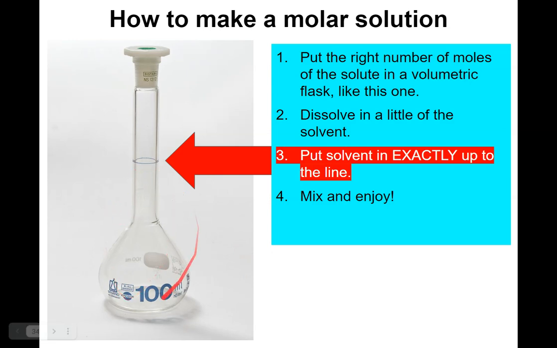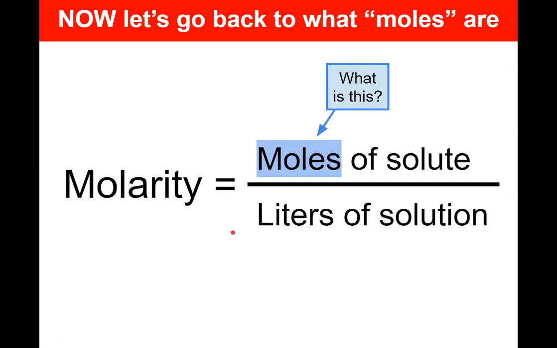Then you mix it around some more to even it out, and you're ready to go. That's why it's easier to know the finished solution. Otherwise, you'd have a different amount of solution each time, and it wouldn't really be per liter of the solution. It just makes the math easier. That's why we do it this way.